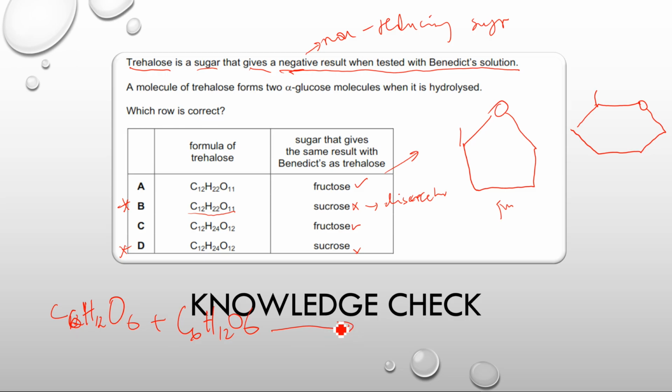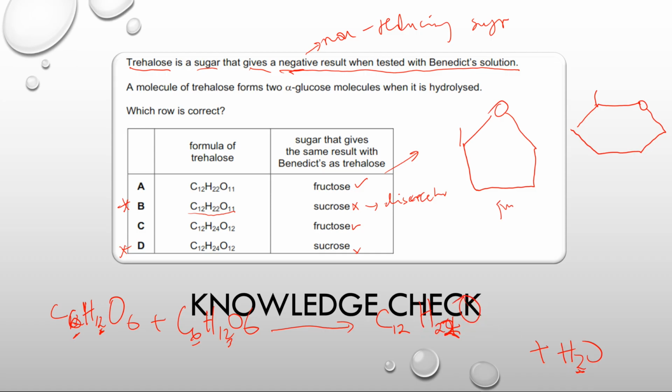Add up the carbon atoms: 6 plus 6 is 12, C12. Hydrogen: remember that during condensation reaction, water is formed. So let's add up hydrogen: 12 plus 12 is 24. But we're not going to write 24. We're going to minus 2, this 2, so it's going to be H22, because the 2 is already in water.